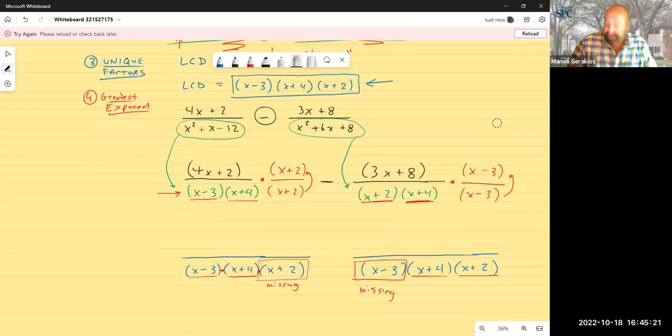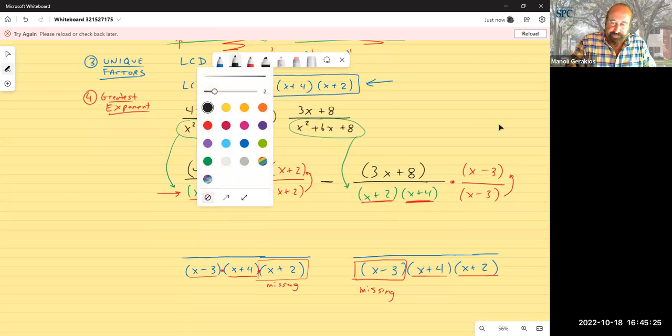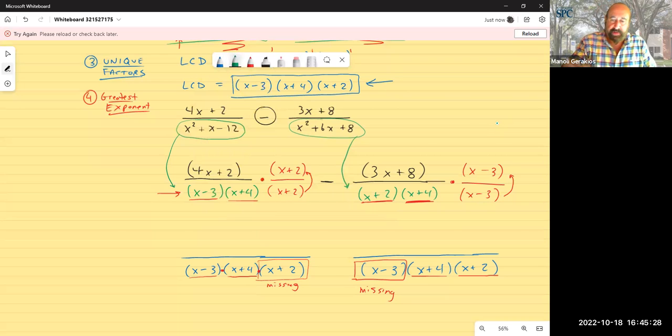I'm going to get rid of these so we have room to work. When I multiply straight across, let's make it green, like I'm ready to multiply two fractions, I join with the common fraction bar. I'll do the same thing over here. Everything, numerators and denominators, get times with their counterparts, right?